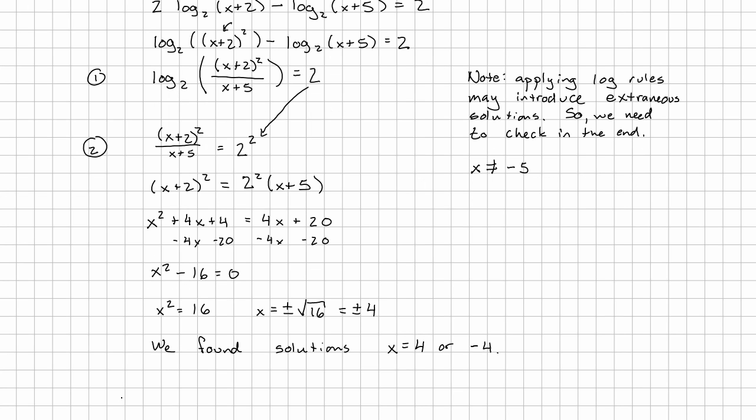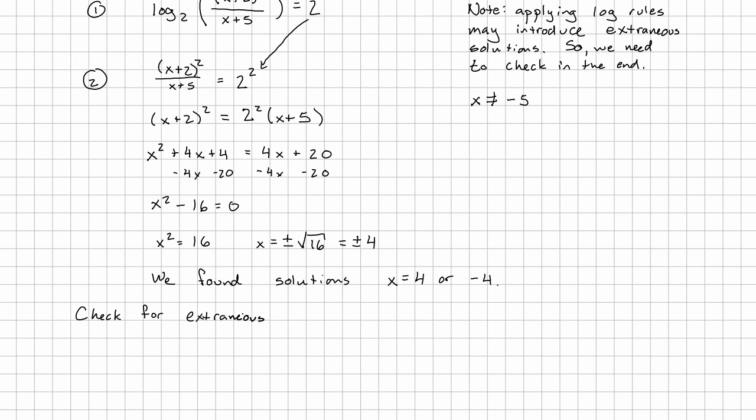Let's look back at the original equation. Our original equation was 2 log base 2 of x plus 2, plus 1, equals log base 2 of x plus 5, plus 3.